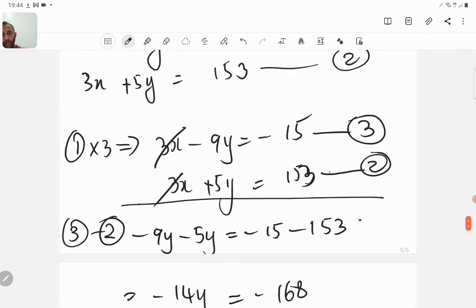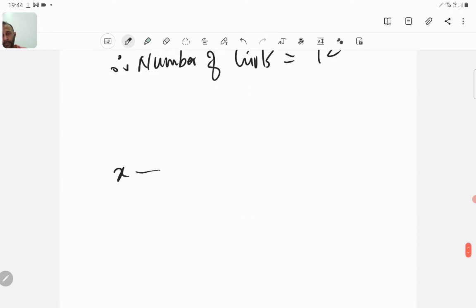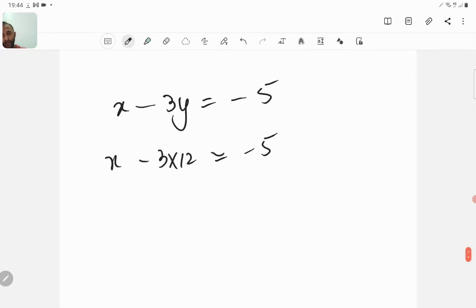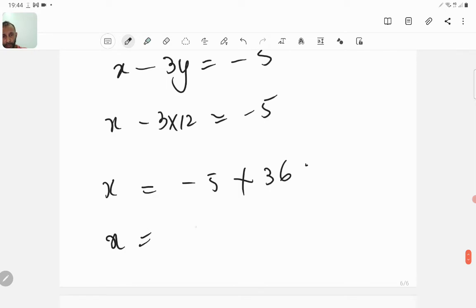You get 12, so the number of girls is 12. So how many boys? X minus 3y is equal to minus 5, so x minus 3 into 12 is equal to minus 5. Therefore x is equal to minus 5 plus 36, so x is equal to 31.